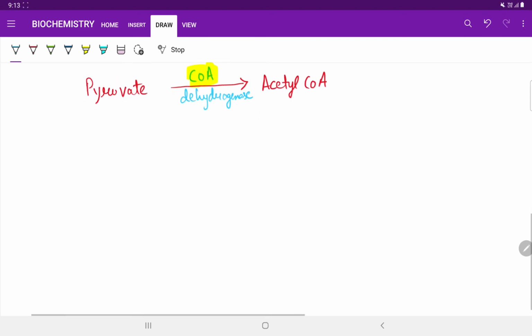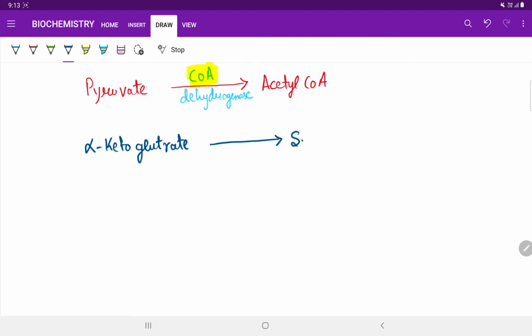The next example is conversion of alpha ketoglutarate into succinyl coenzyme A. Once again a coenzyme A is added over here, in the presence of dehydrogenase enzyme.